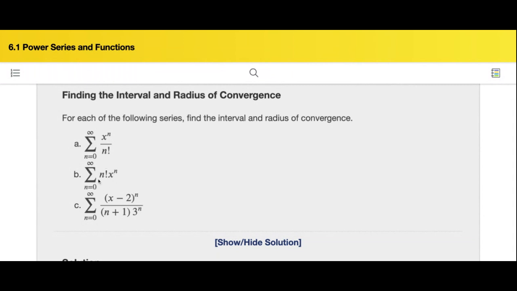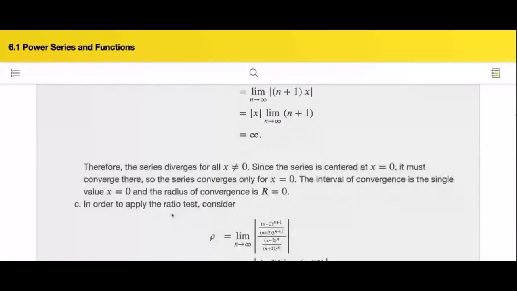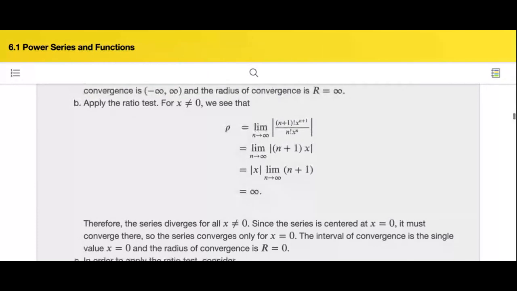So it does converge at 0. But other than that, it diverges. So it diverges for all non-zero values. Okay, any questions for the second one?